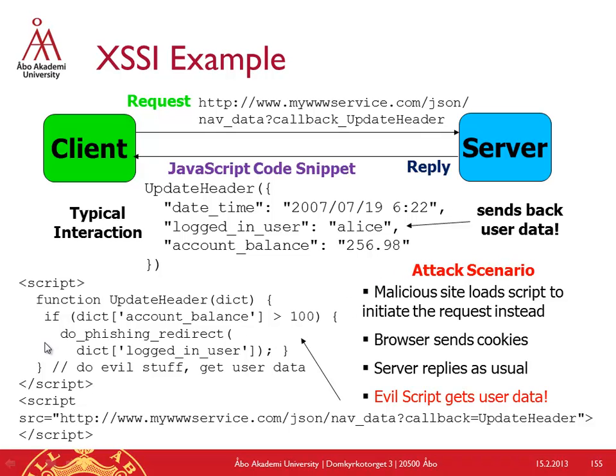In this case, this particular script is part of the malicious website. You can see that the update header function was redefined here, and for example, if the account balance is higher than 100, probably dollars or euros, doesn't matter.